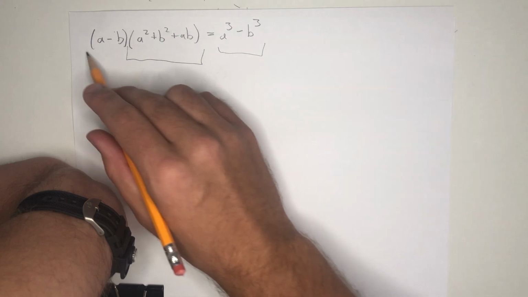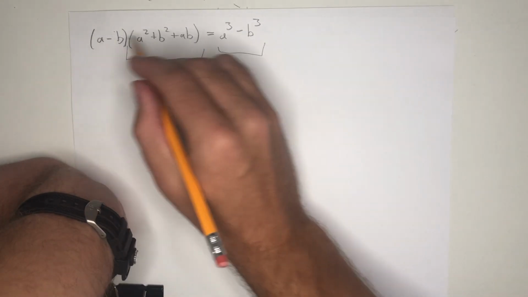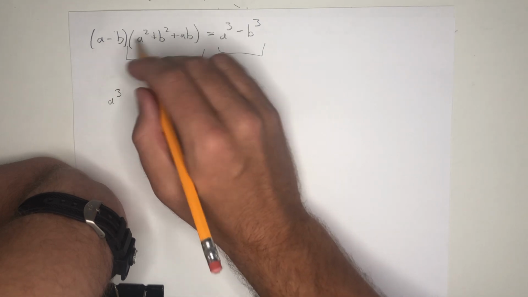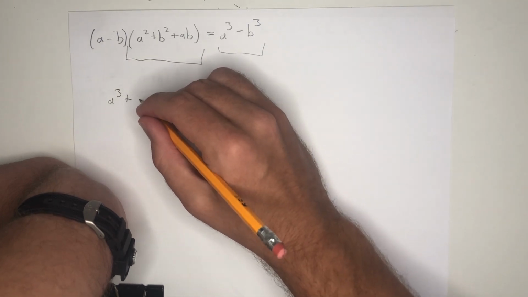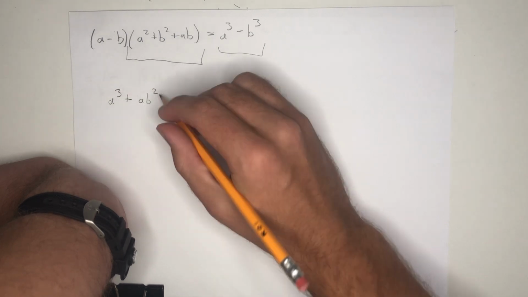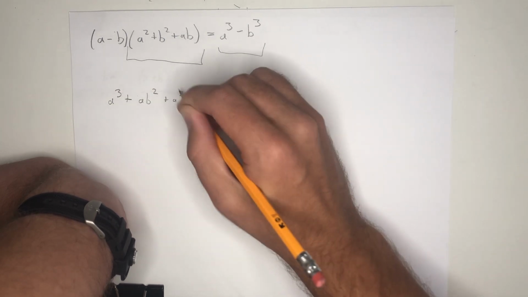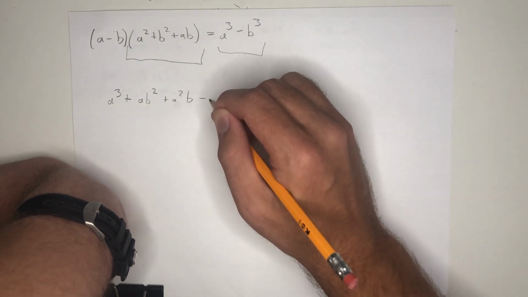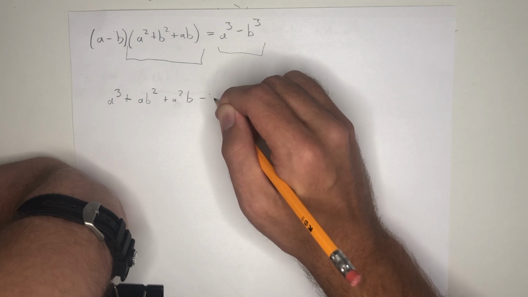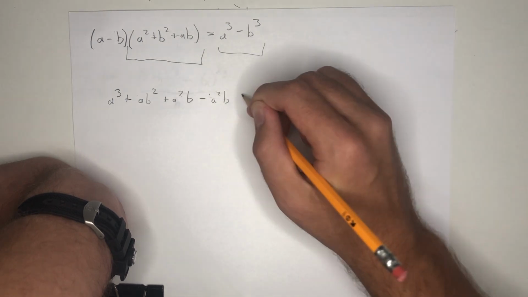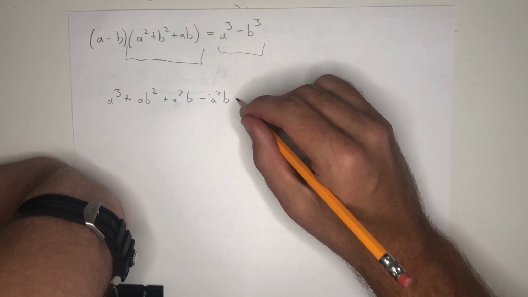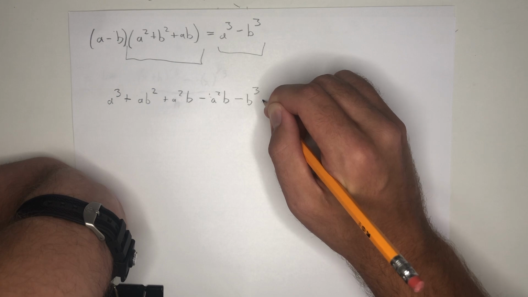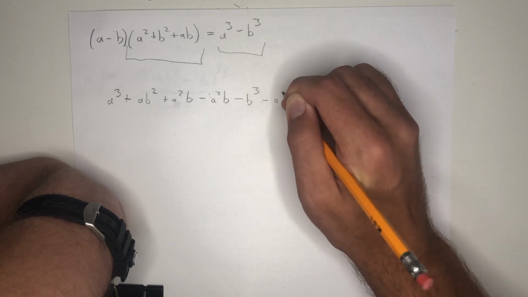And if we FOIL it out, I'm just going to go ahead and FOIL it out so we can see that. We get a cubed plus ab squared plus a squared b minus a squared b minus b cubed minus ab squared.